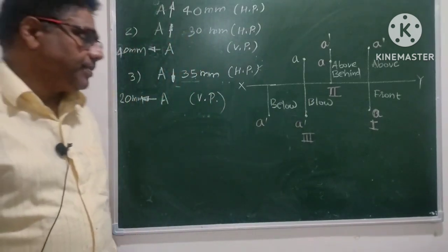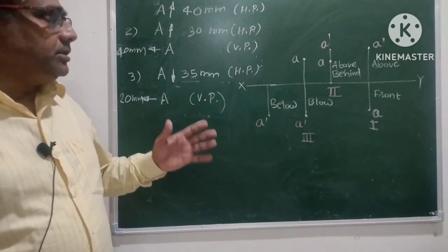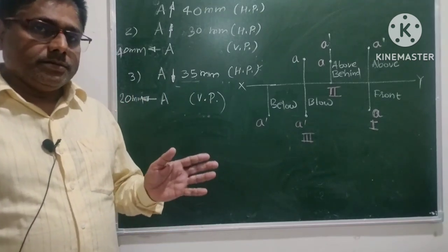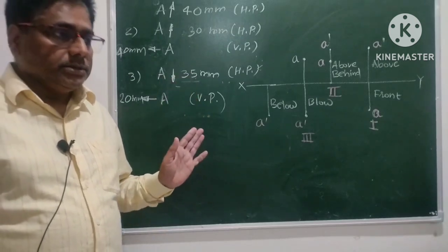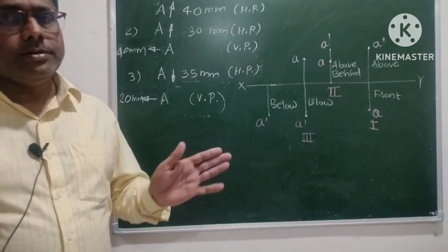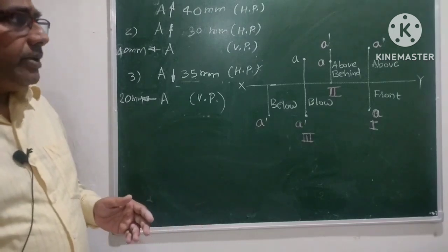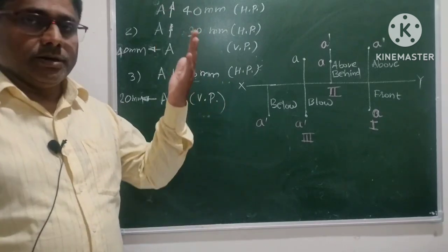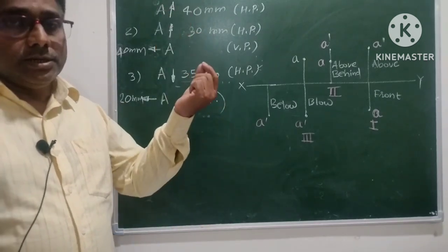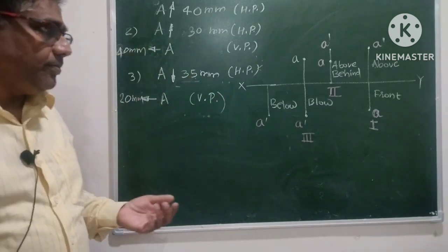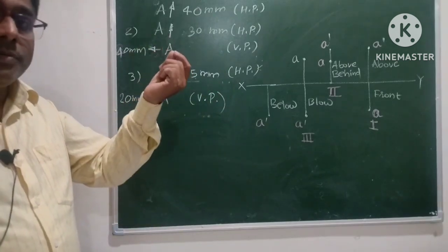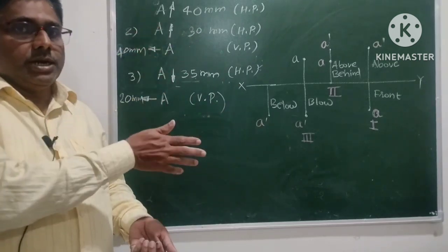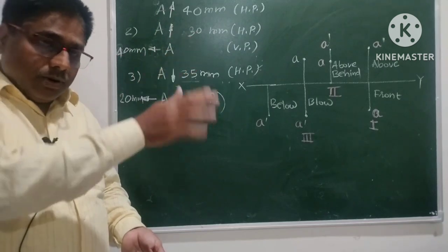Now the question is, where should we draw the top view? The point is in fourth quadrant, below HP and a few millimeters in front of VP. To get its top view, we project that point on the horizontal plane, the frontal part of the horizontal plane, and when we rotate that plane through 90 degrees, that front part will go down.